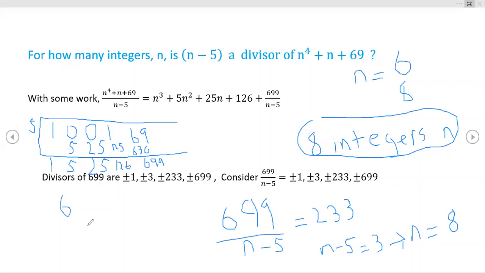But let's just try one out. Let's do a negative one: 699 over n minus 5 equals minus 3, right?